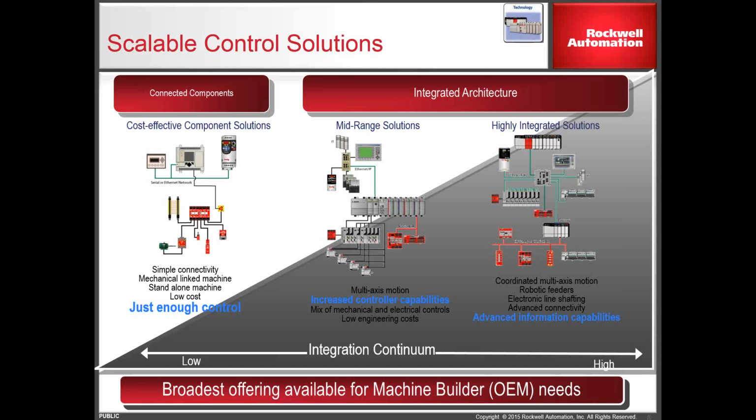As per the market demand, they are getting into complex machine manufacturing as well. So we have the portfolio available on the Connected Components side, which is a cost-effective component solution, which is simple. It can be a small controller, then a small safety, small HMI, and a drive, and small motion applications, right?